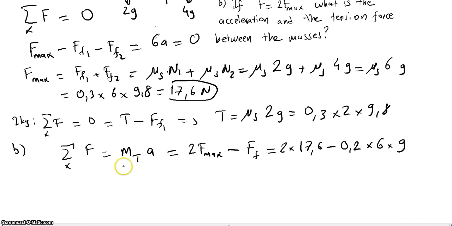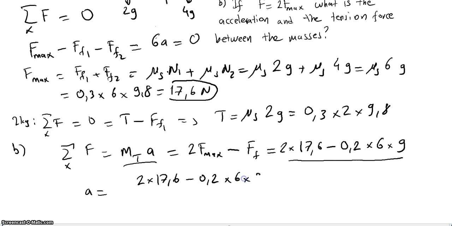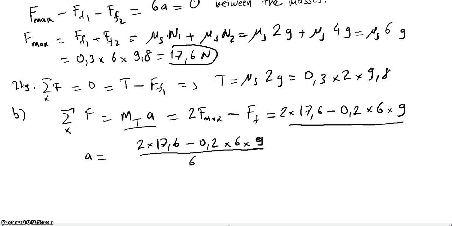In this equation the only unknown is A, and A is equal to 2 times 17.6 minus 0.2 times 6 times g, divided by the total mass, which is 6. This is the acceleration if you apply an external force that is twice this critical value.